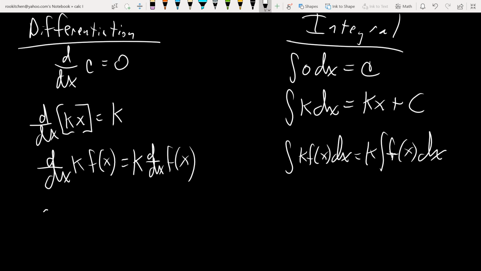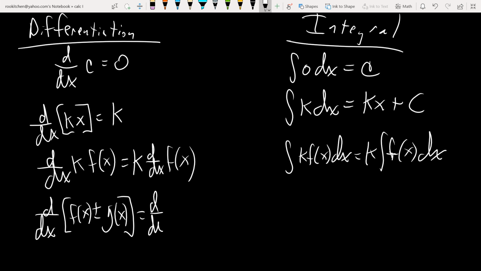What else? The derivative with respect to x of f of x plus or minus g of x. So the derivative of a sum or difference is equal to the sum or difference of the derivatives.